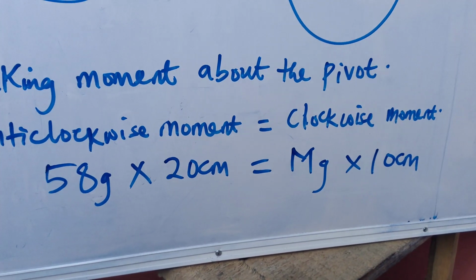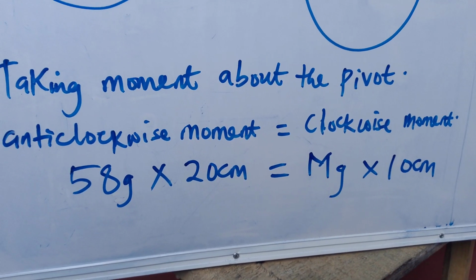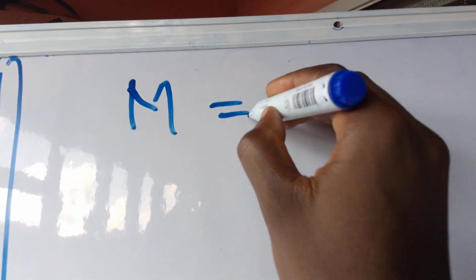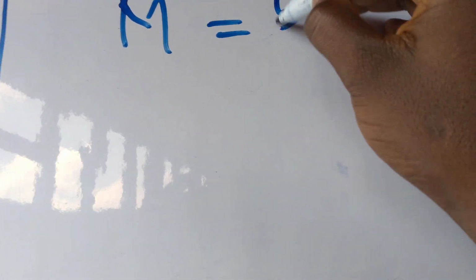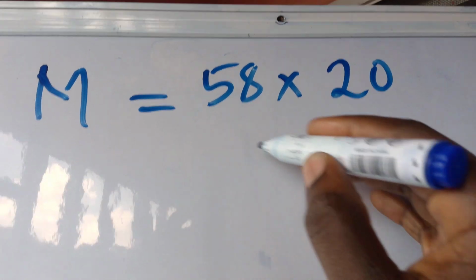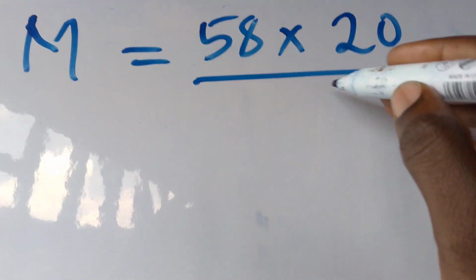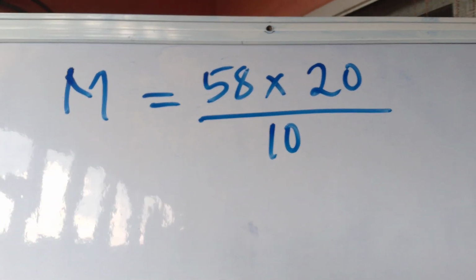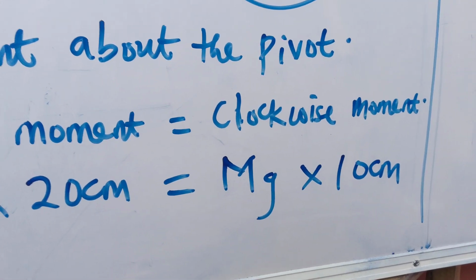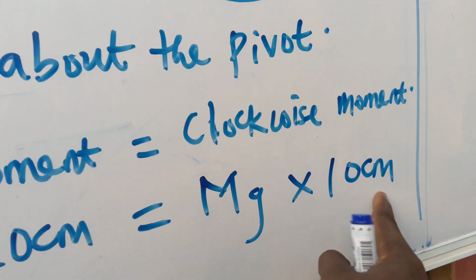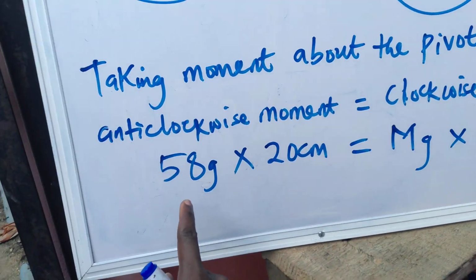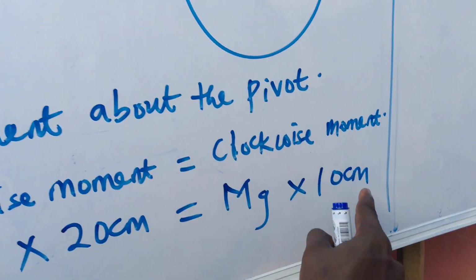So if I make m the subject of formula, m will be equal to 58 times 20 divided by 10. I divide by the coefficient of m. The coefficient of m is 10. So m will be equal to 58 times 20 divided by 10.